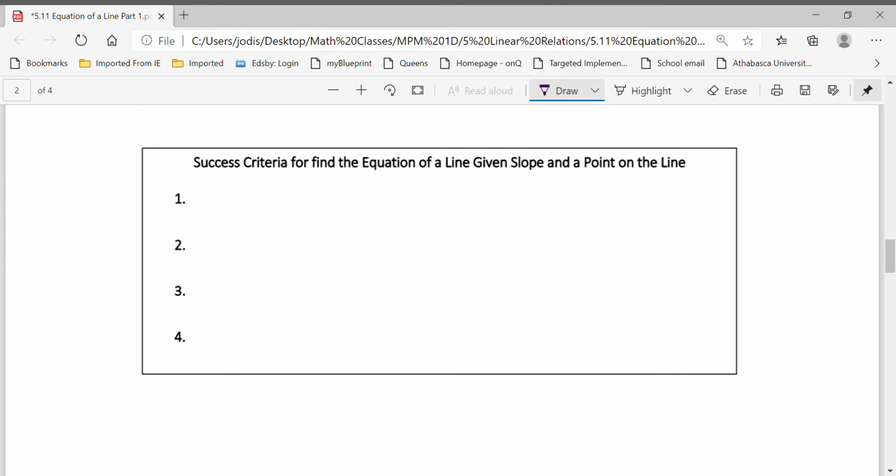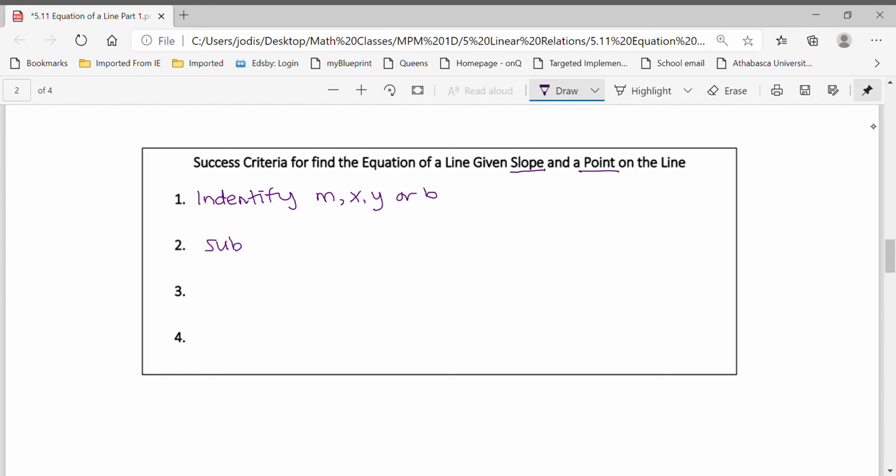So a little bit of success criteria for finding the equation of a line given the slope and a point. So first we want to identify the slope, the x or the y, or b, if for some reason they gave it to us.